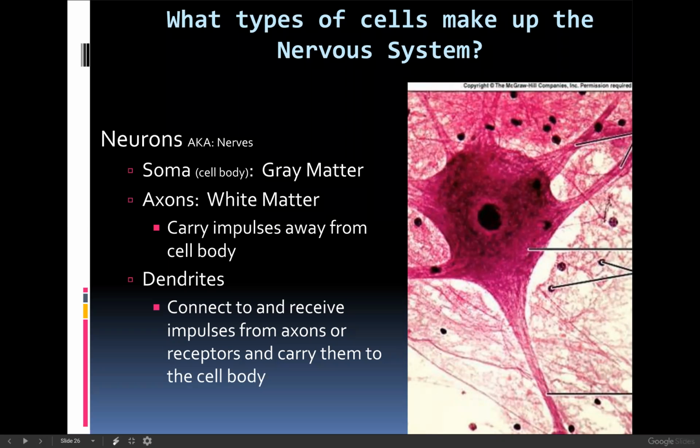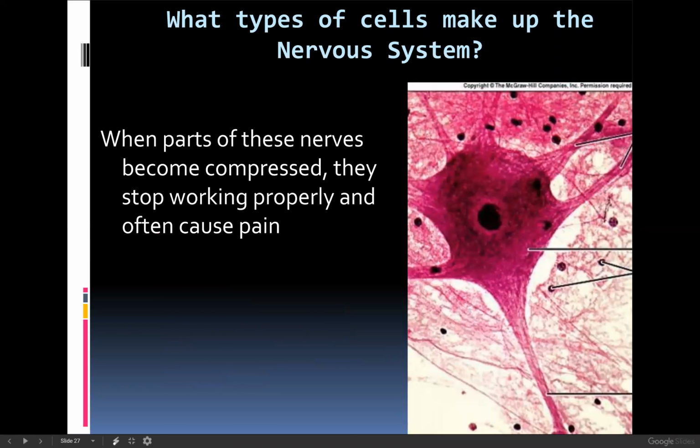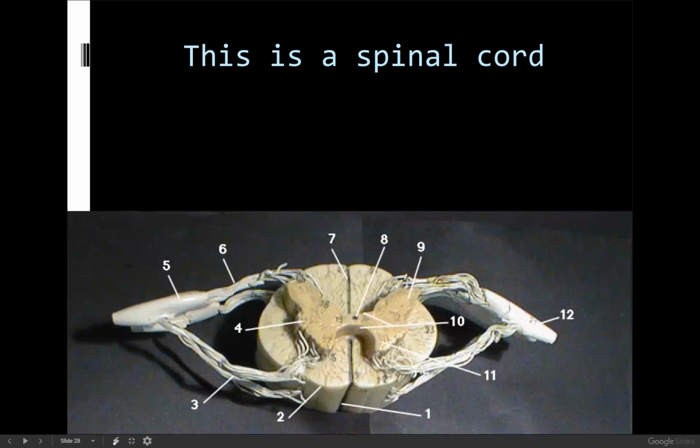So they'll actually connect to the axons and take the impulses into the cell body. When parts of the nerves are compressed, they stop working right, and they often cause pain depending on which nerve is compressed. So take a minute, get those notes down, and then we'll move on to the spinal cord.